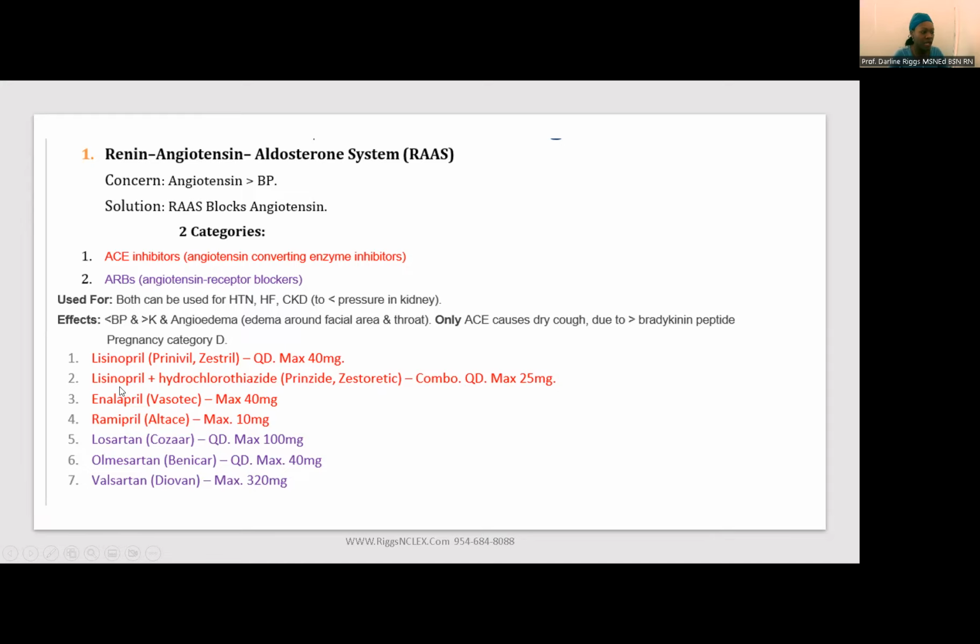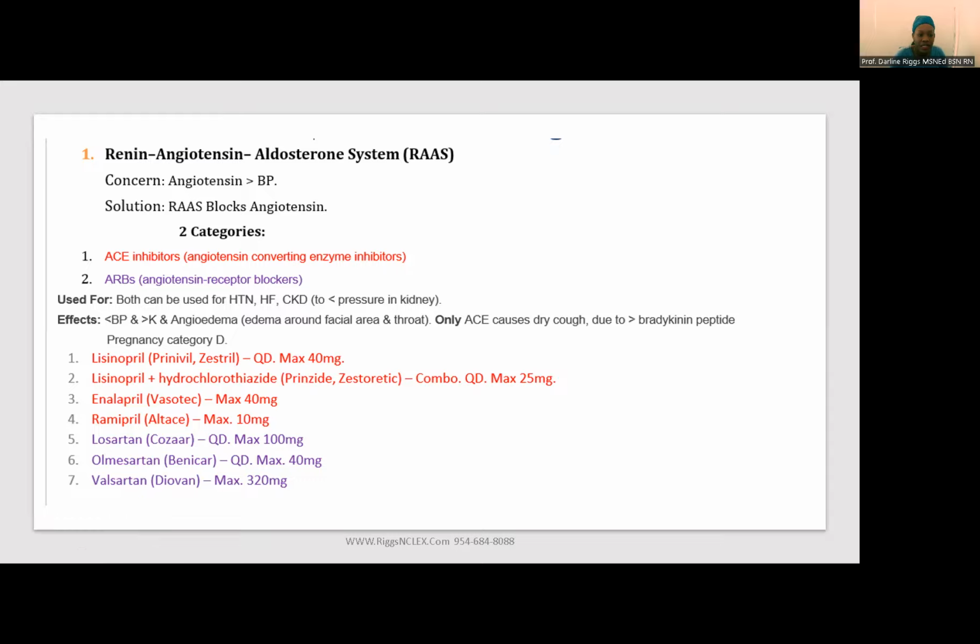So sometimes we'll combine an ACE inhibitor with a diuretic. So lisinopril combined with hydrochlorothiazide, which is Prinzide. It's a combo drug. Okay, obviously, these are for maintenance, once a day. Now, your ARBs end in sartan, which helps.